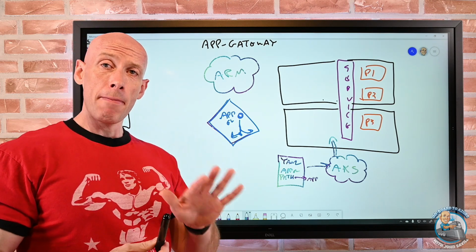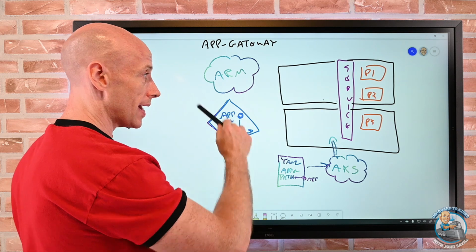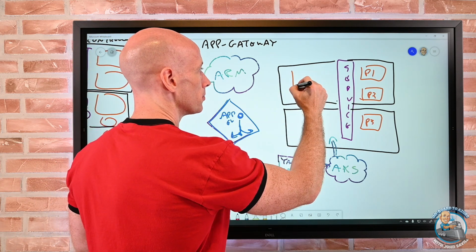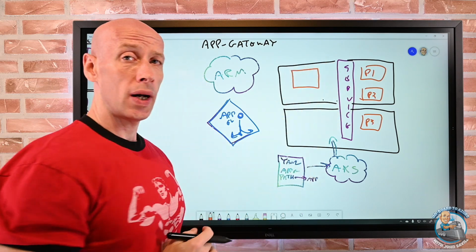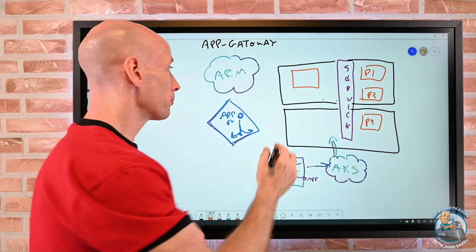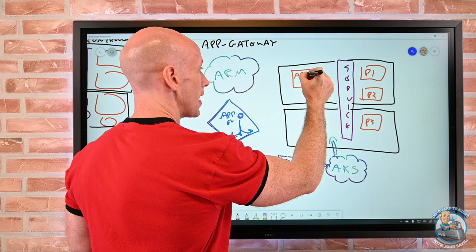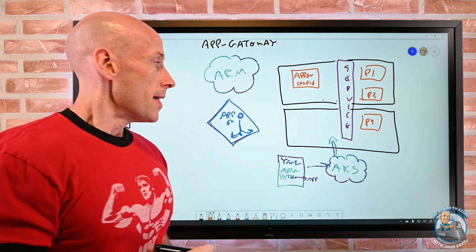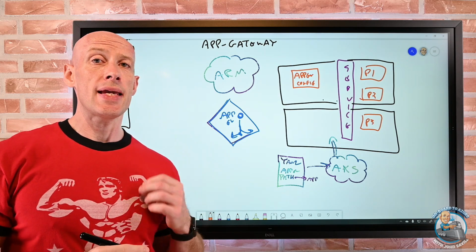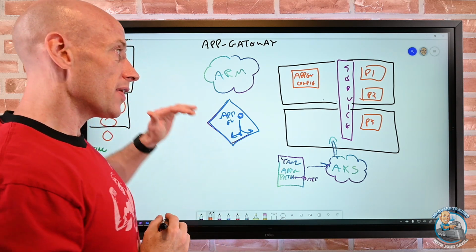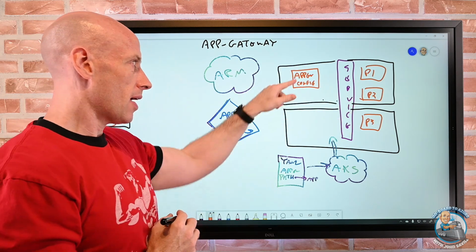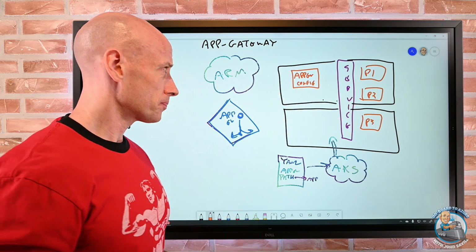So when I deploy App Gateway to an AKS cluster, it creates a pod, just one single lonely pod that is this App Gateway config. Now I'm writing config because it is not an ingress controller. Traffic is not going to come in and then go to the service IP. It doesn't scale.